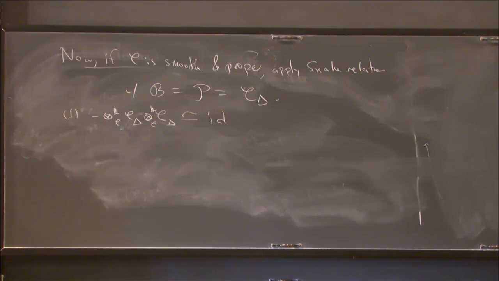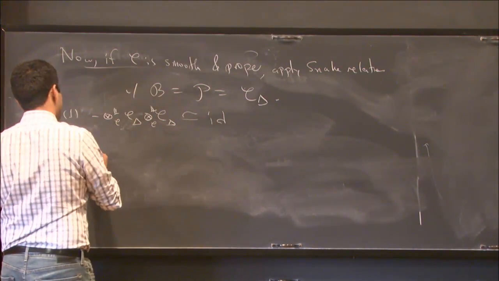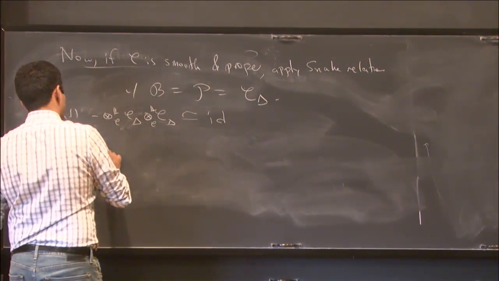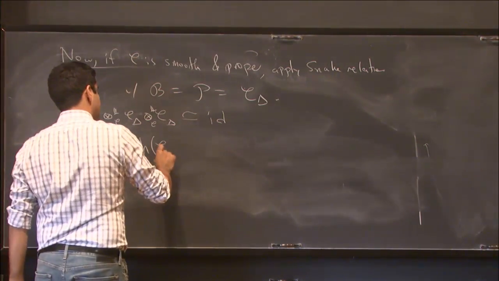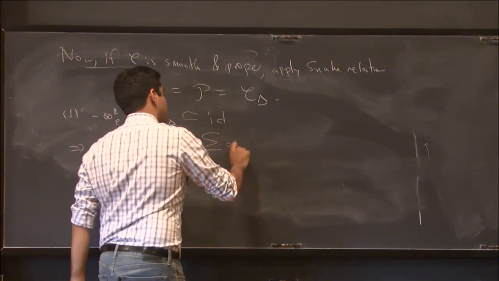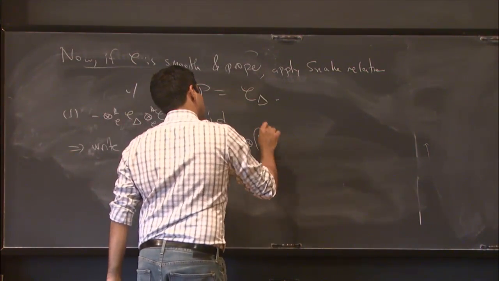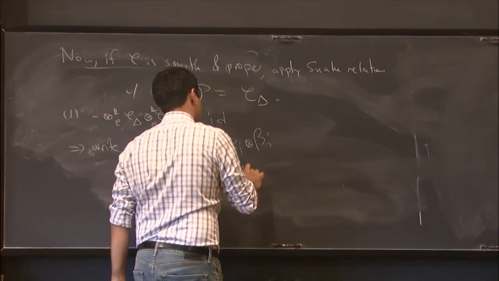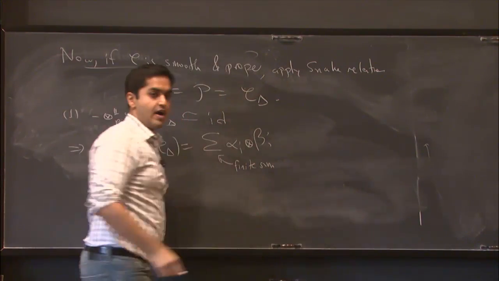Okay, so this implies that if I write the Chern character of this diagonal bimodule as some sum of elements, this is always a finite sum because of how Hochschild homology is defined.